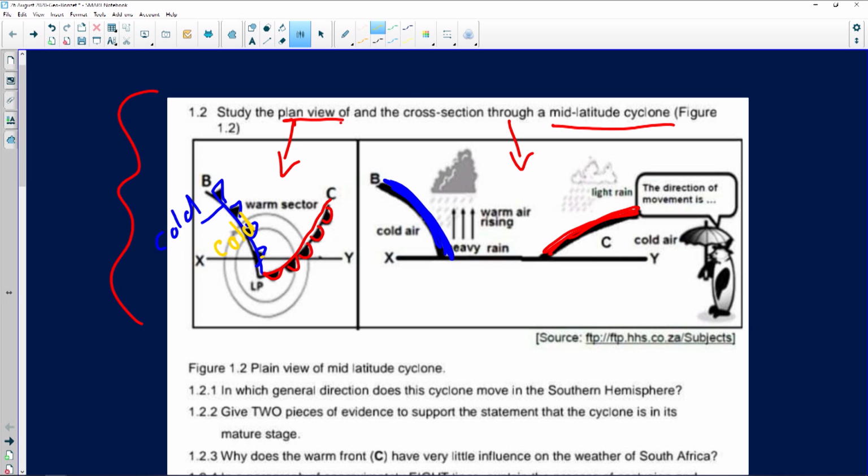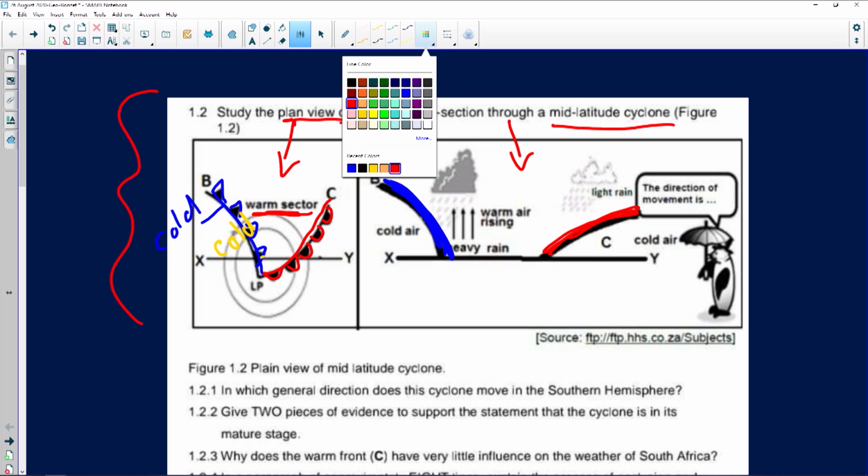They've actually given you the warm sector. As you can see, the warm front is the leading edge of warm air. So between the cold front and the warm front, it's warm air. What's happening in front of the warm front? Keep in mind, it's also going to be cold air.